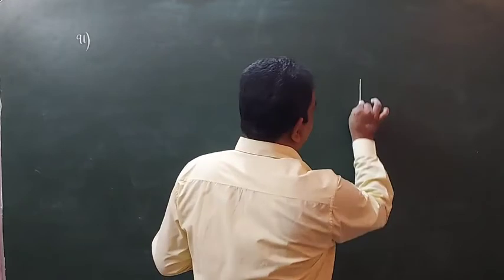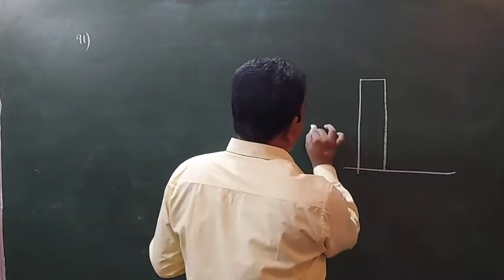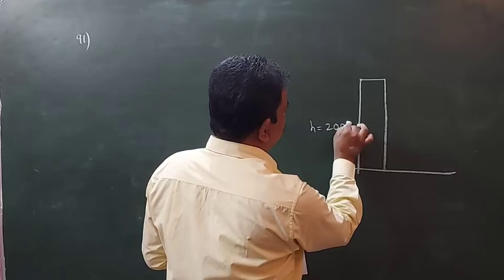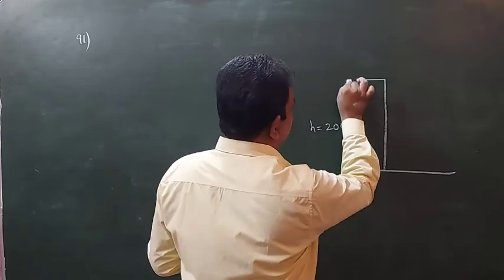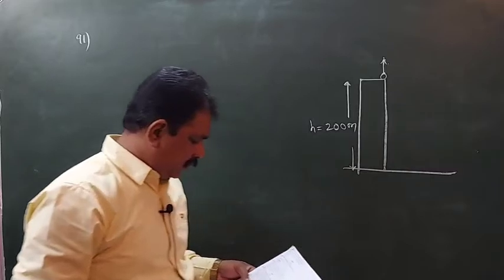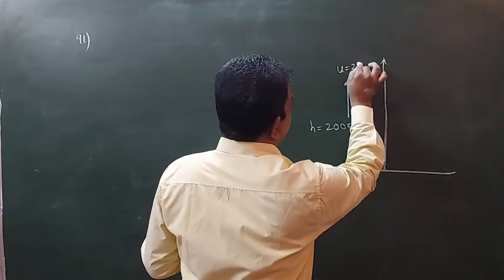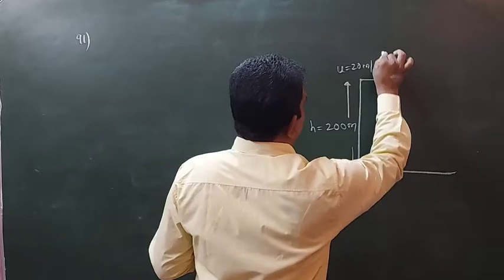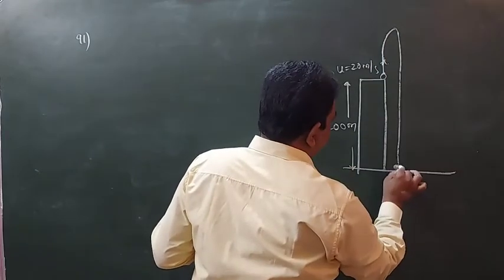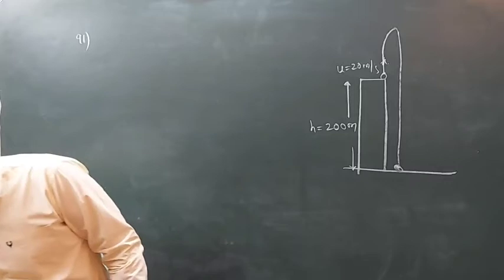There is a tower, height value 200 meters. From this, one stone is thrown upward with a speed of 20 meter per second. It rises like this and it touches the ground. With how much velocity will it touch the ground?